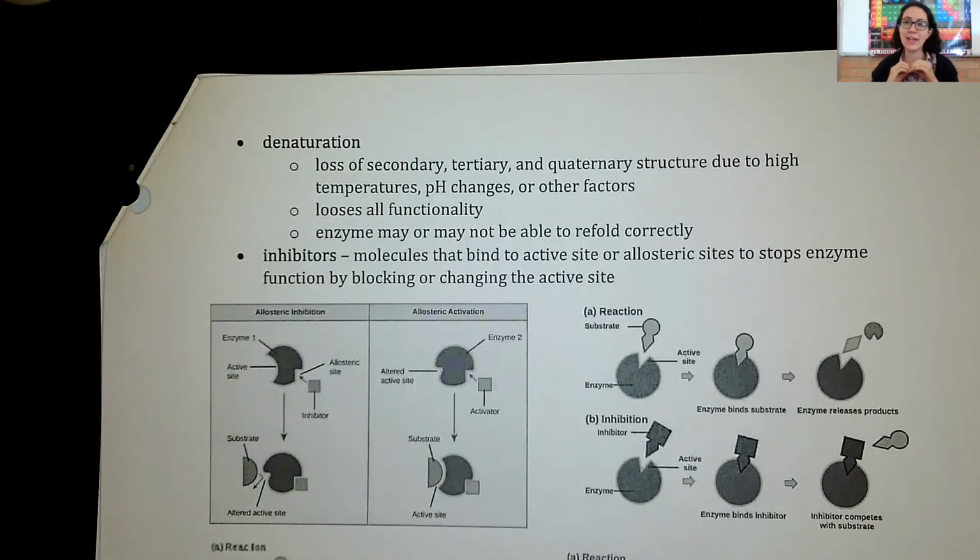That's one of the things that can happen in the rough ER. We'll talk more about that when we get to the central dogma for translation. When the protein is being translated from RNA to a polypeptide sequence, there can be complexes that force the proteins to fold into the correct positions, because it's always possible there's more than one way that a protein could fold together.